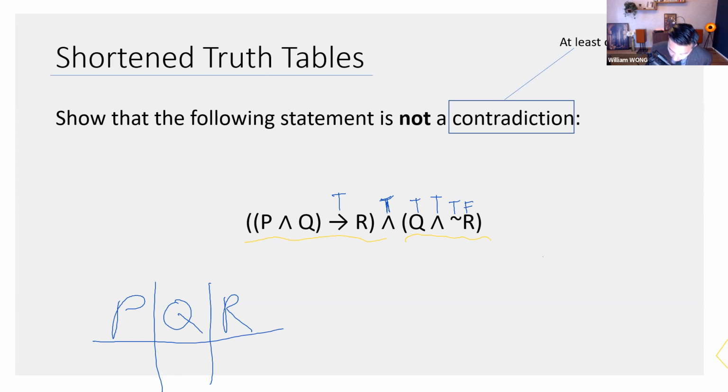Now, if you look very carefully, we actually have the truth value for Q and R. Q is true and R is false. Okay, that's good. Now, as soon as we have that, what we can then do is distribute the truth values on the other side. That is the left conjunct.